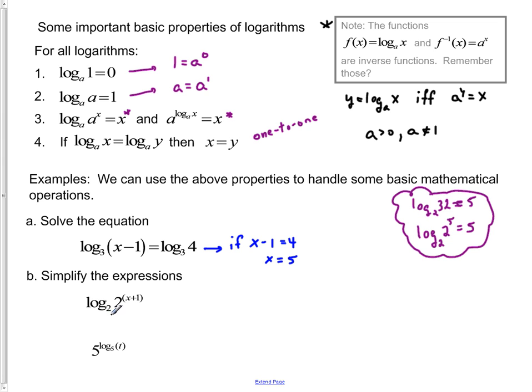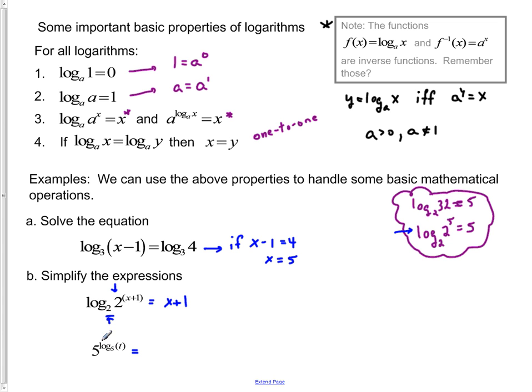All right, well, let's go back to our inverse properties. If I said the logarithm base 2 of 2 to the x plus 1, well, if you're using this as a model, then that means that the result should just be x plus 1. The logarithm base 2 and the exponent base 2 undo one another. And consequently, if I said the base 5, and I raise that to the logarithm base 5 of t, we're essentially saying, to what power must I raise the base 5 to get the number t?